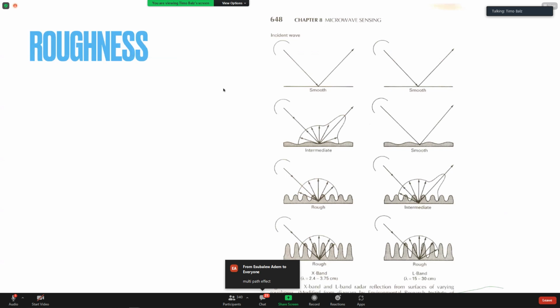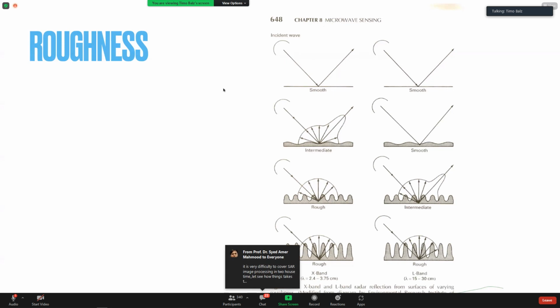The roughness of the ground, you see, we just now described only two, right? Very rough and smooth, diffuse and specular reflection. But it is a continuum between smooth and rough with intermediate roughness levels. And it also clearly depends on the wavelength of your system.